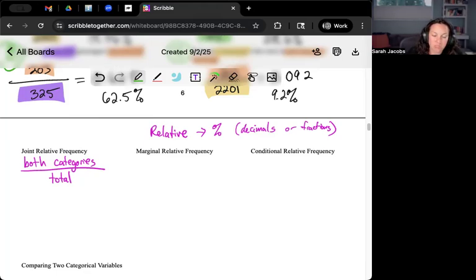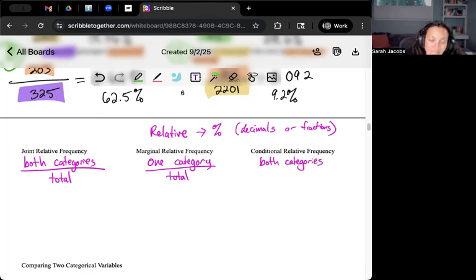Marginal relative frequency, it's about the margins, the things on the side. So that's going to give us information about one of the variables, one of the categories, or the other. So that's going to be one category out of the total. And then conditional relative frequency is going to be when both categories are true.